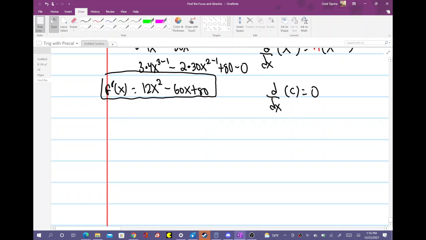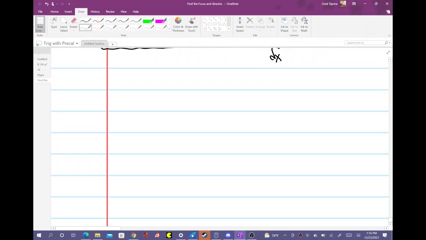Let's do 2 more. So let's say we have f of x equals x cubed minus 3x squared plus 4x minus 7. The same thing. You're going to bring the 3 down, so f prime of x is going to be 3 times x, and then you're going to do 3 minus 1.